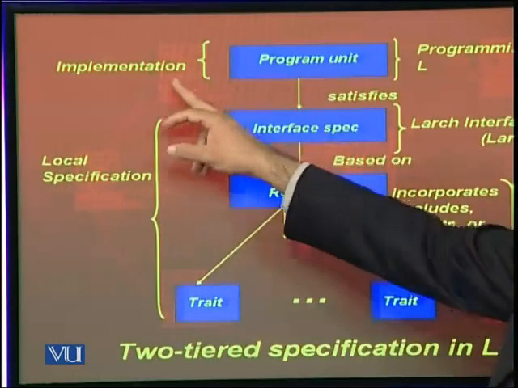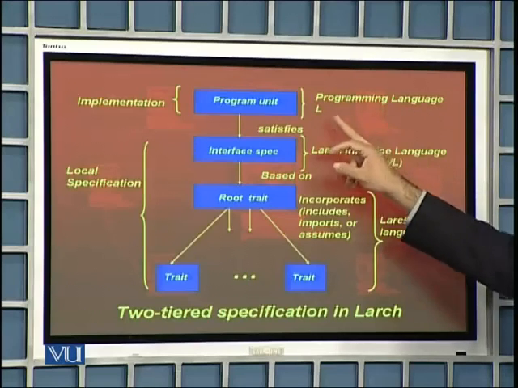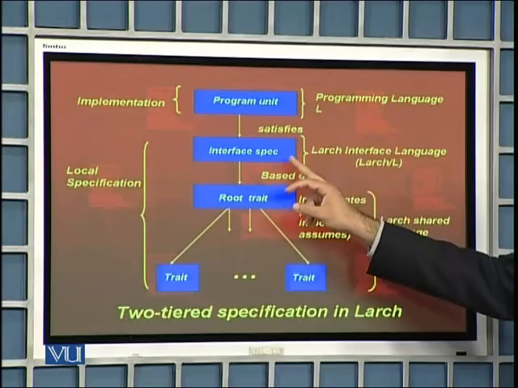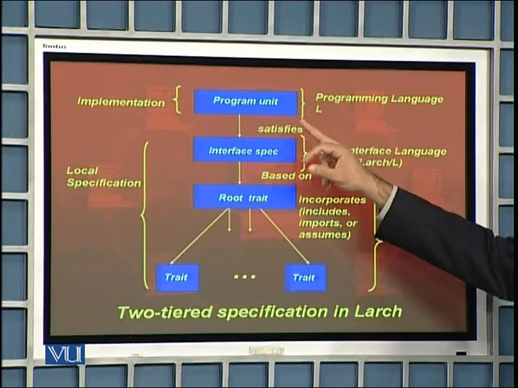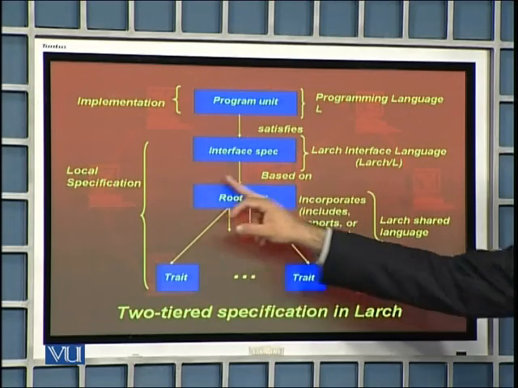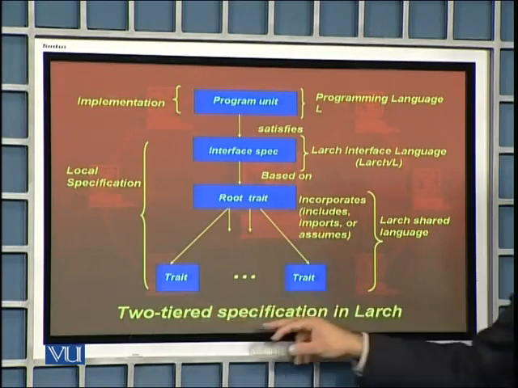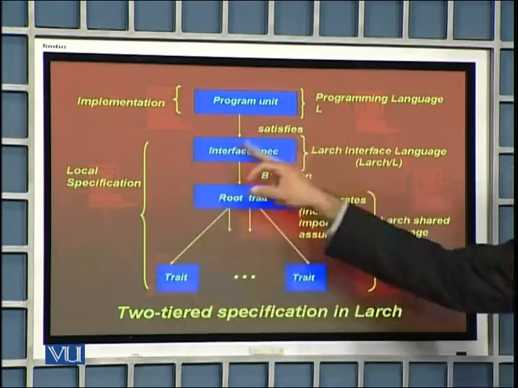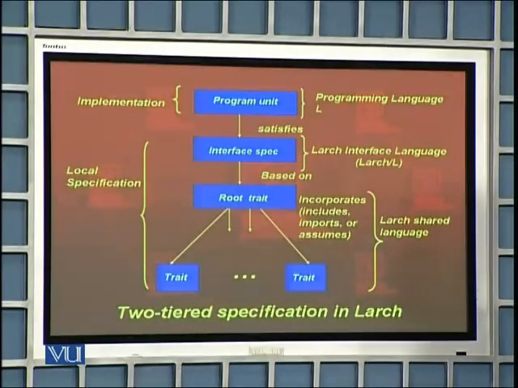These program units provide the implementation, and they are obviously written in the corresponding programming language for which we have written this interface specification. This program unit satisfies the interface specifications, which are based upon the traits written in the Larch Shared Language. And hence this part is the specification part, and this is the implementation part, and this is the two-tiered specification approach in Larch in general.